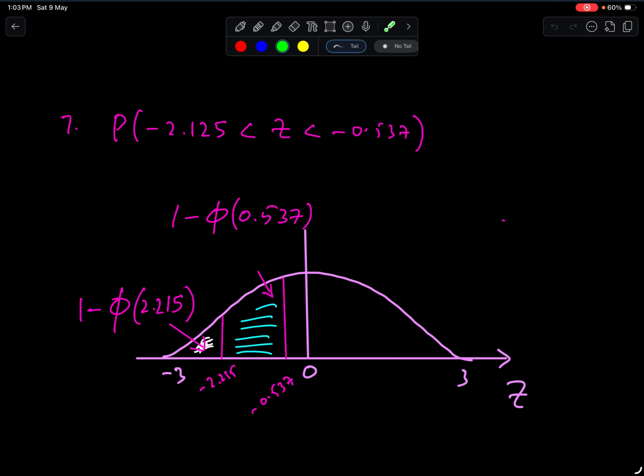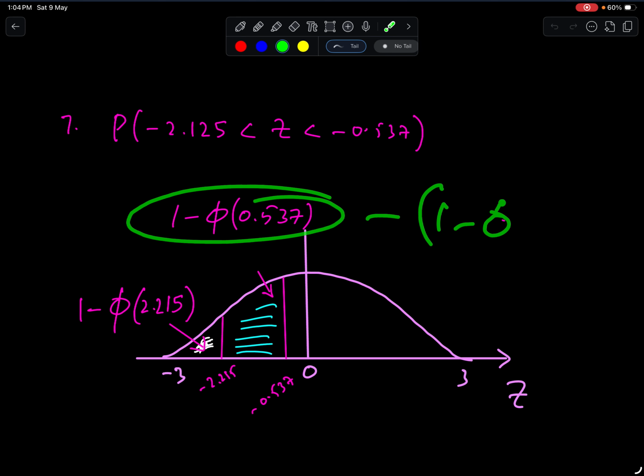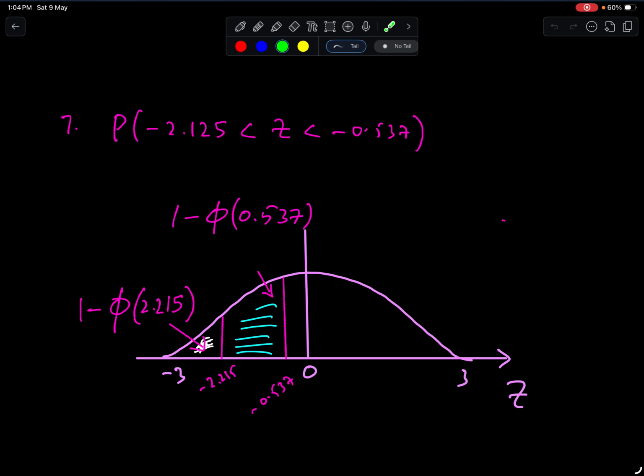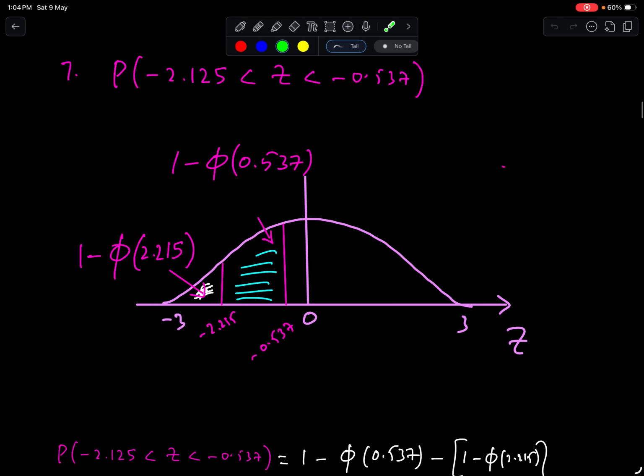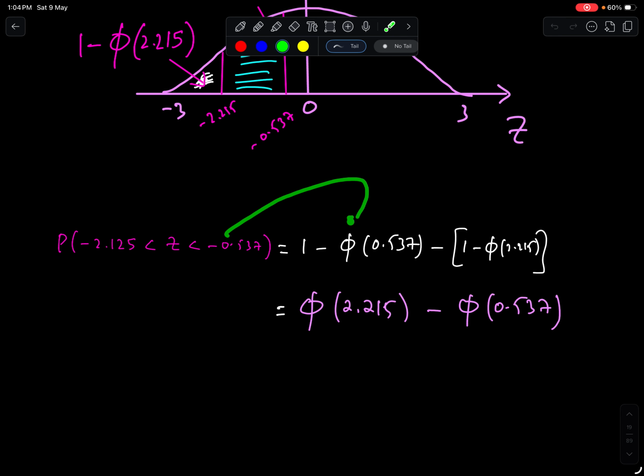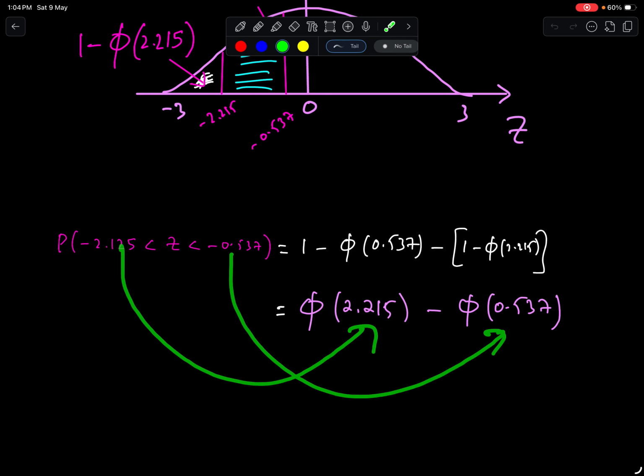So this area is 1 minus phi and this area is also 1 minus phi. So subtract this and this. Or directly you can write phi of this minus phi of this. This is here. 1 minus phi, 1 minus phi, so directly phi of this, if both are negative.